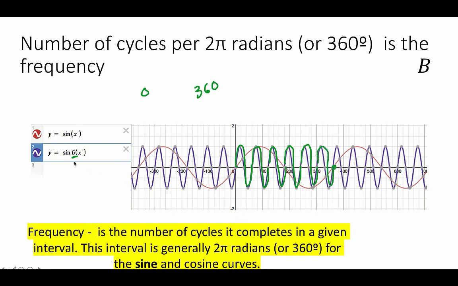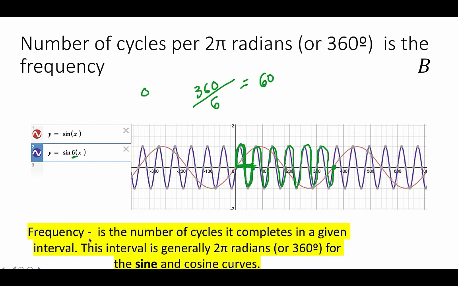And what is the period of sine 6x? The period is 360 divided by 6, which is equal to 60. And 60 is this point. So the period is 60 degrees, the length in the x coordinate for the wave to complete one cycle.